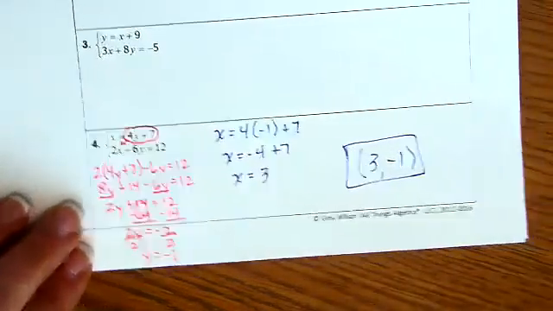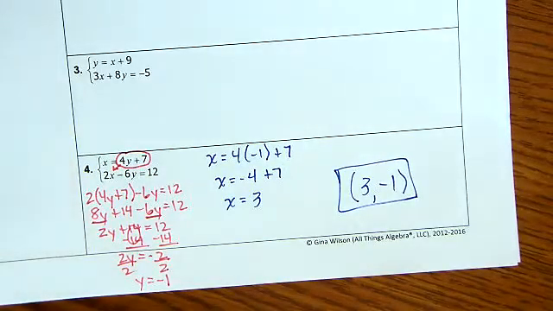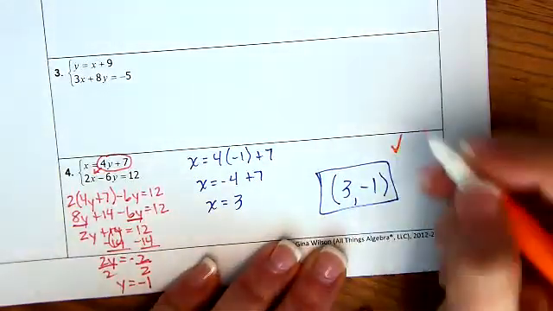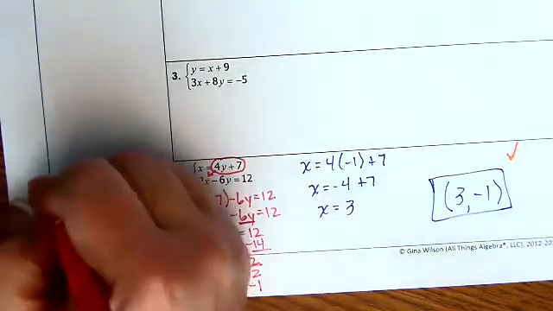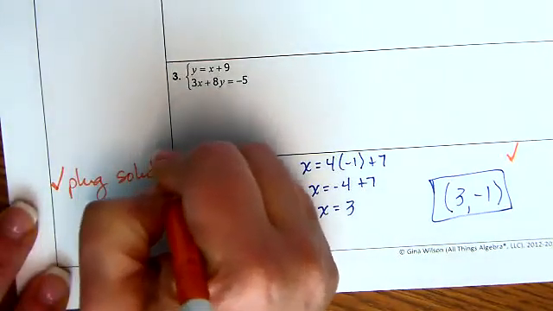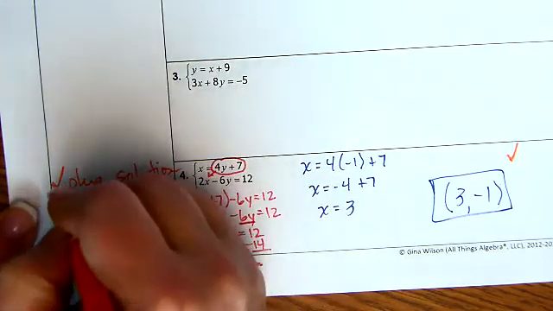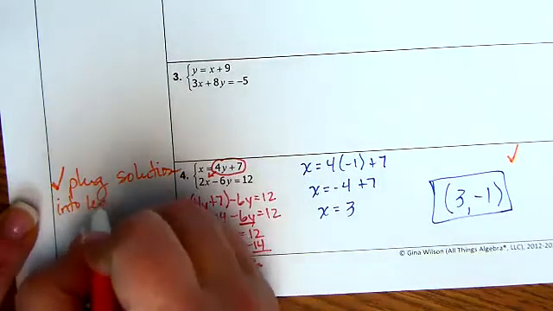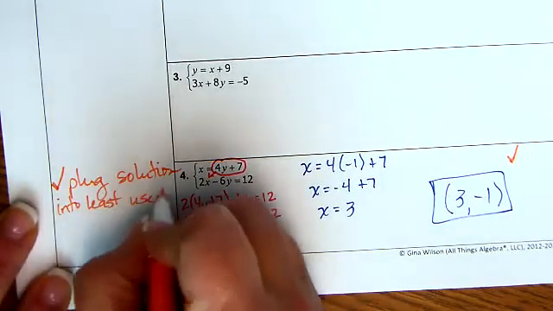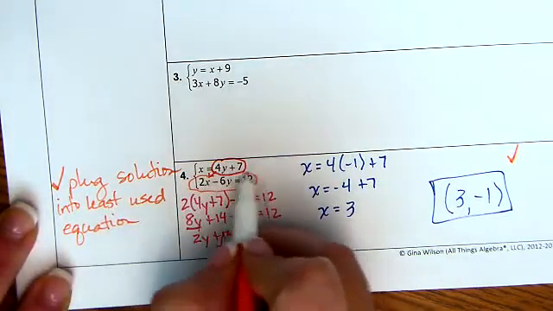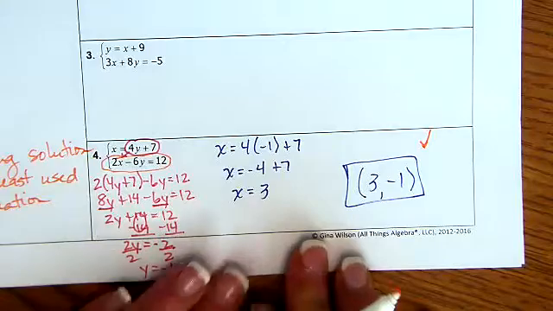To check these, this is where I'll teach this part. I should have left myself more room, but that's okay. To check, you take your solution and plug it into the unused equation, the least used equation, which for us is going to be this one, and see if it makes a true statement.